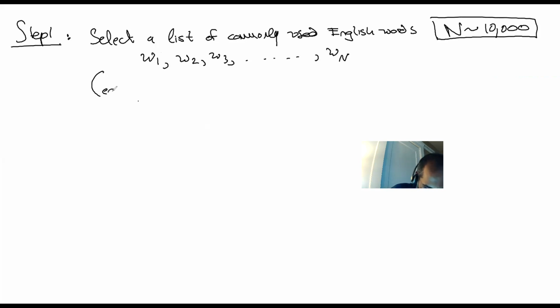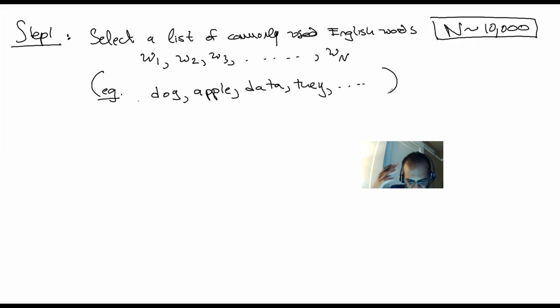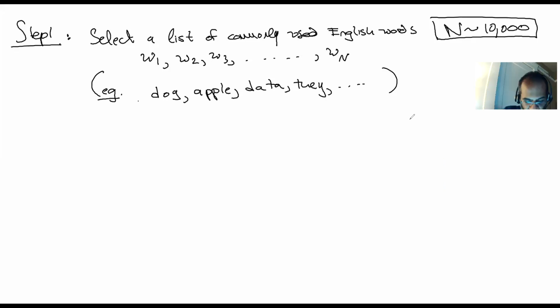So for example, the list might start with, I don't know, dog, apple, data, they, and so on. Okay, that's some sort of a list of the words in the English language that we care about.